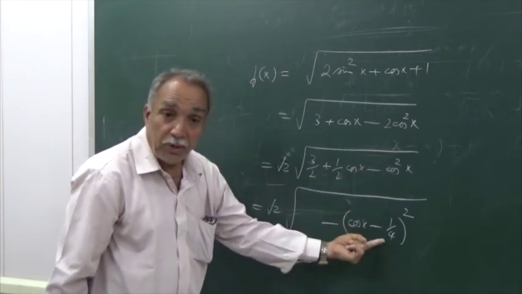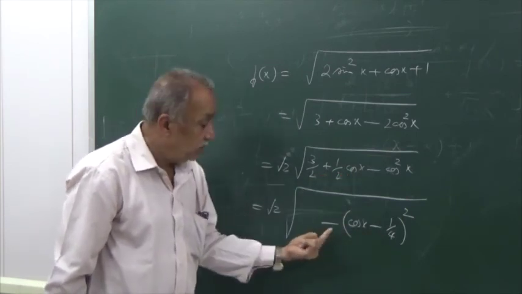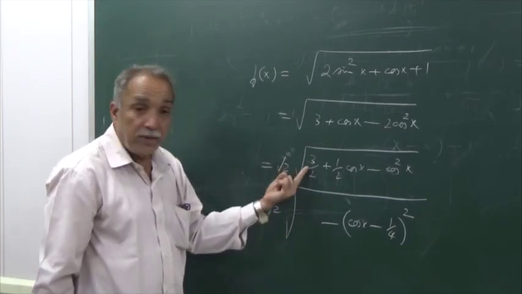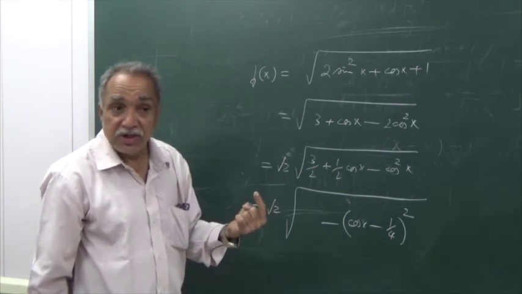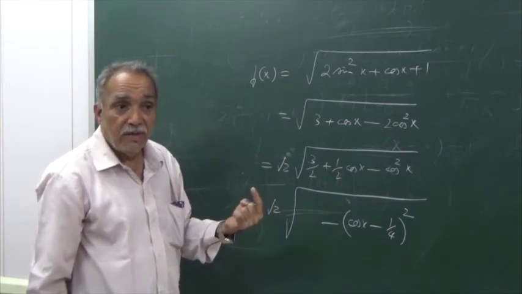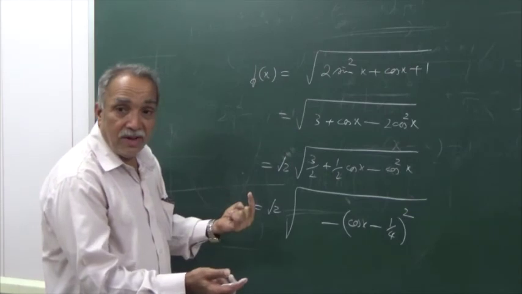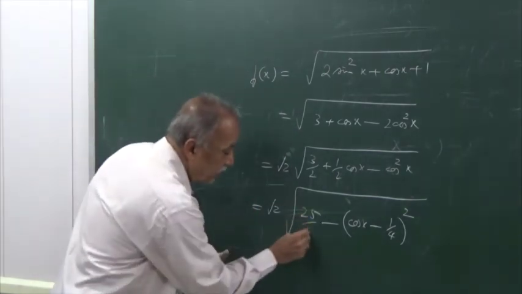The constant term I obtain is 1 by 16 with a negative sign, but my requirement is 3 by 2 or 24 by 16, so 25 by 16.